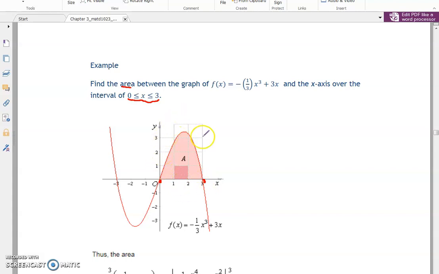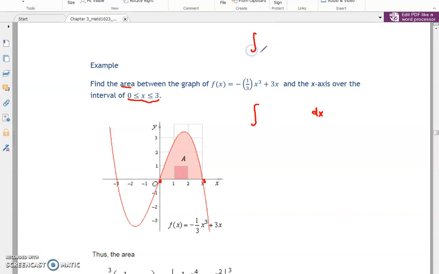So in order to find the area within this curve, we are going to set up an integral with respect to x, because our limits are between 0 and 3 on the x-axis.